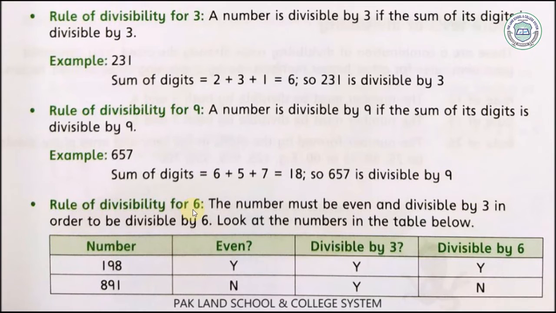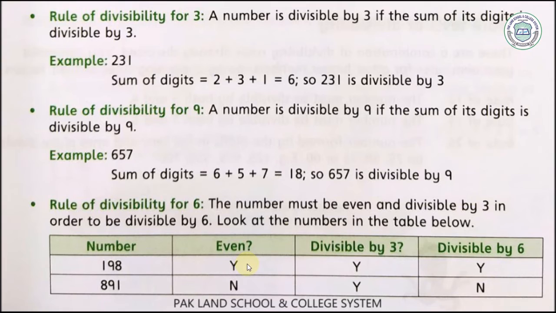Rule of divisibility for 6. The number must be even and divisible by 3 in order to be divisible by 6. Look at the numbers in the following table. Numbers, even, divisible by 3, divisible by 6. For example, 198. Even, yes. Divisible by 3, yes, because the sum of the digits of 198 is divisible by 3, and so divisible by 6.